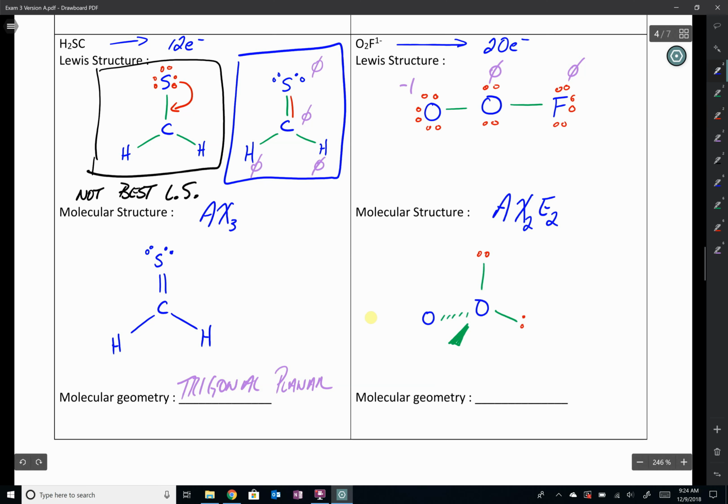We can put our oxygen or our fluorine in the front or the back. That doesn't matter. And then we draw the world's best OOF molecule. Okay, 2 atoms, 2 lone pairs. The molecular geometry is going to be bent.